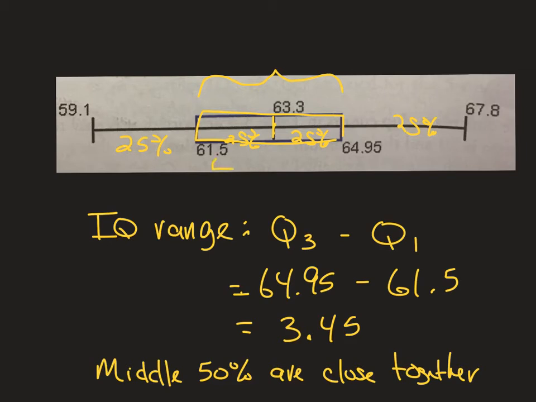Here, Q1 is 61.5 and Q3 is 64.95. To find the IQ range, you just do Q3 minus Q1. I did that down here and got 3.45, which means the middle 50% are pretty close together, basically between 62 and 65. So it's pretty tight there, not much of a spread in data.